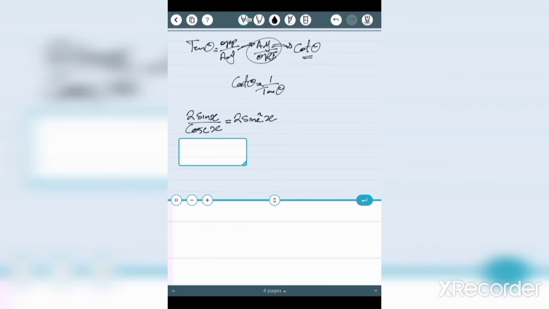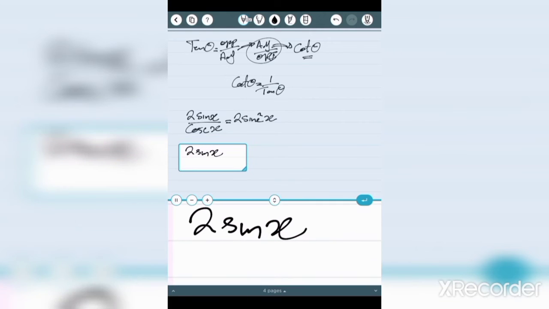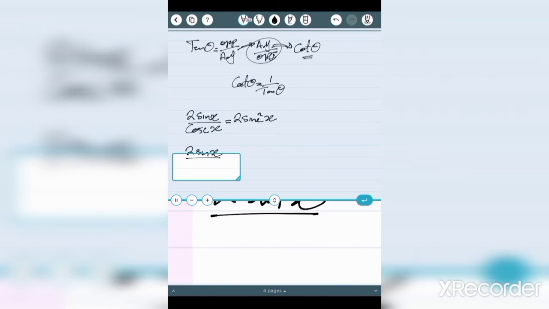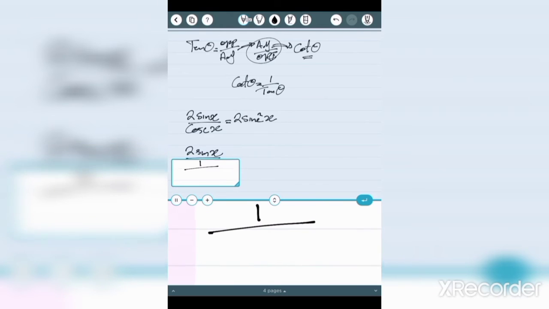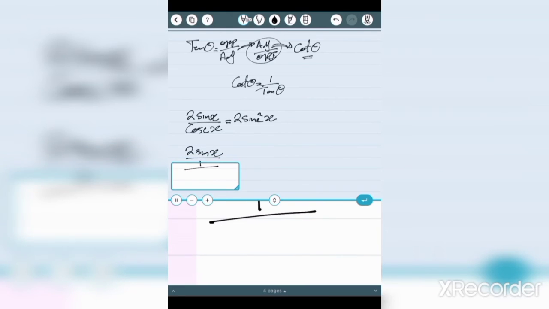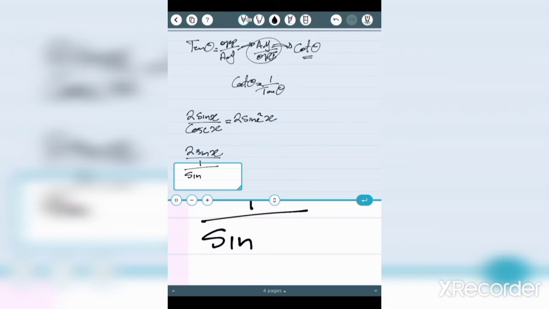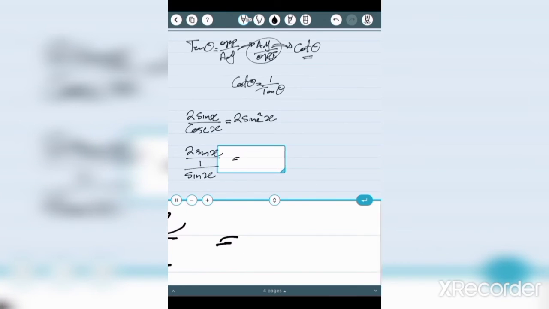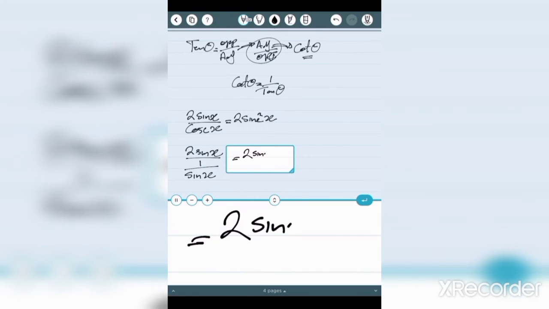So how do we know that this identity is true? So we simply begin with the left side as usual. So 2 sine x remains as 2 sine x, nothing to change about it. But when it comes to cosec, we know that cosec is simply the reciprocal of sine. So I'm going to say over sine x. And this now can be easily done by multiplying.